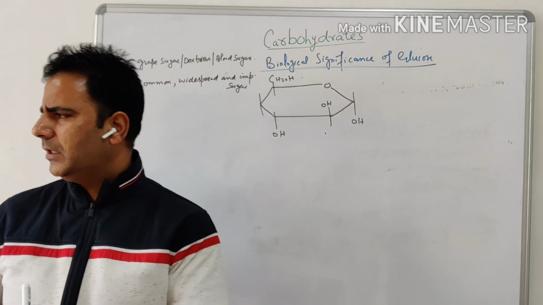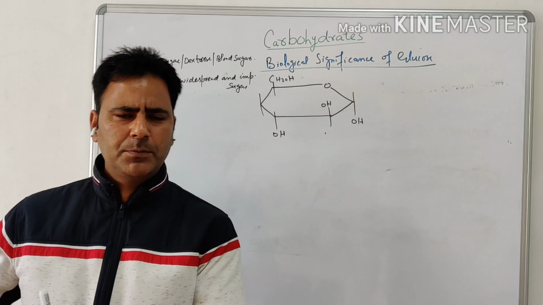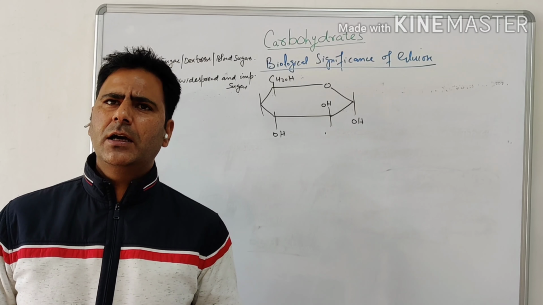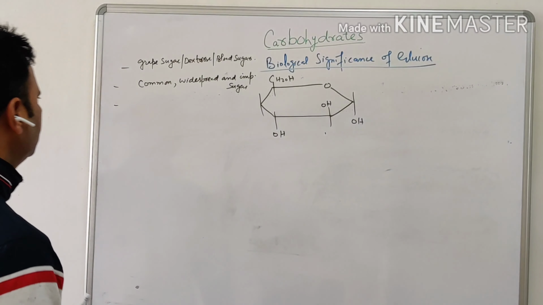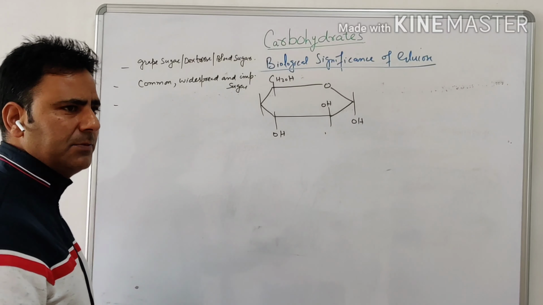Although glucose is basically produced by plants through photosynthesis, it is utilized as a respiratory fuel by animals. And this glucose may be burnt in the body of several organisms.